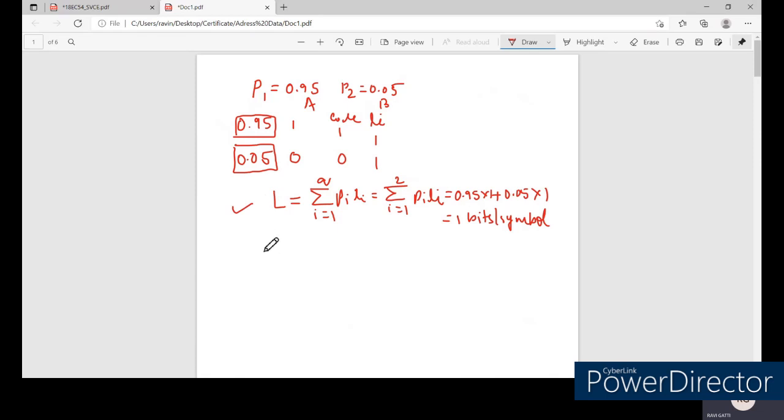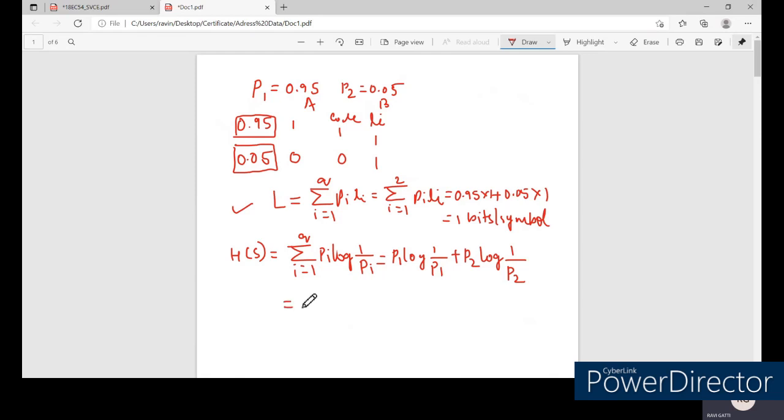Now the next thing is, you need to calculate the entropy of the source. What is the expression for the entropy of the source? H(S) is nothing but the summation i equal to 1 to q of pi log 1 by pi. There are two symbols, so it is p1 log 1 divided by p1 plus p2 log 1 divided by p2, and by default we are taking the base as 2.